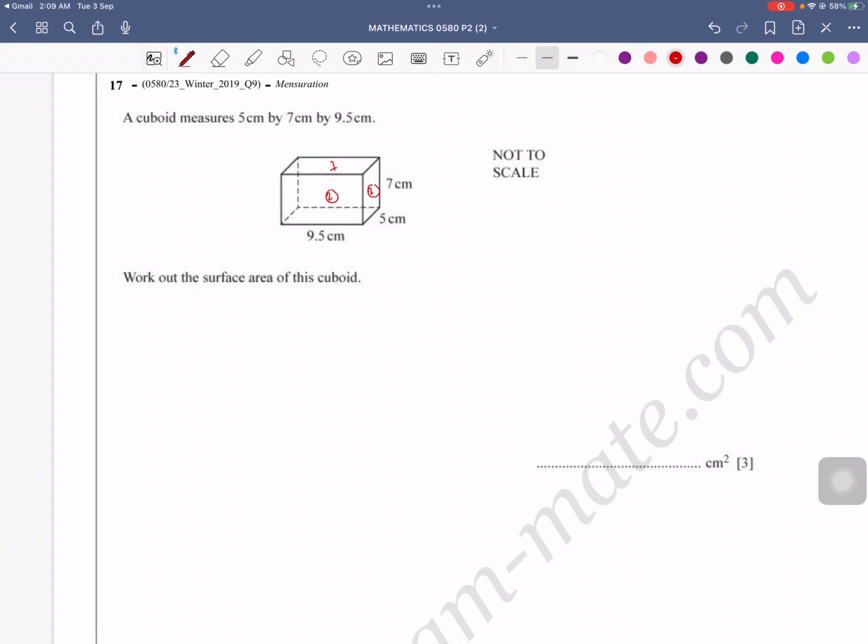So 9.5 times 7, times 2, plus 2 times 7 into 5, which is for the side faces. And now the top face is the only one, which is going to be 9.5 multiplied by 5. You can simply solve it.